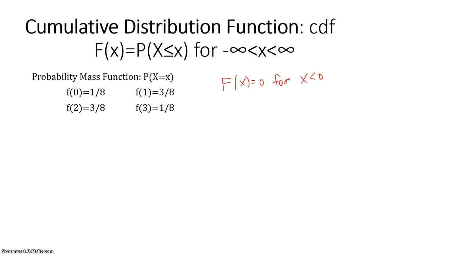And since the probability of x is 0 between 0 and 1, my CDF is going to take on the same value, 1/8, for all values of x that are greater than or equal to 0, but less than 1, because it's going to increase again at 1.